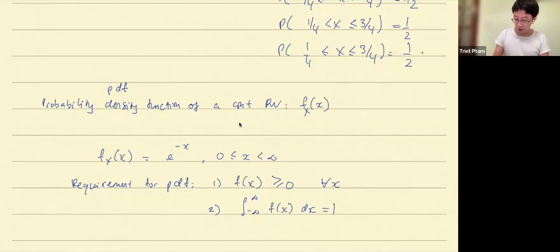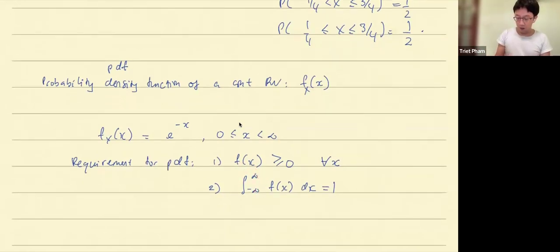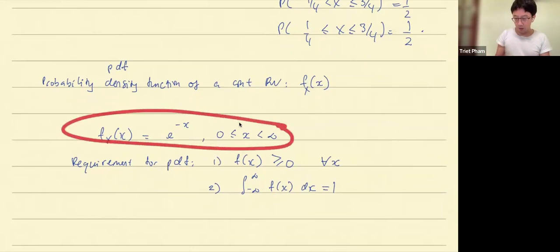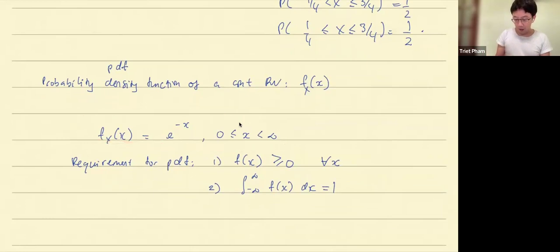And again, this is the general writing because we don't know where the support is, but most of the time you integrate over the support. So, right, let's take a look at this. It's exponential, so therefore it's non-negative, right? In fact, it's positive.